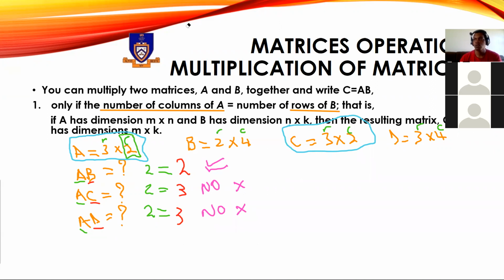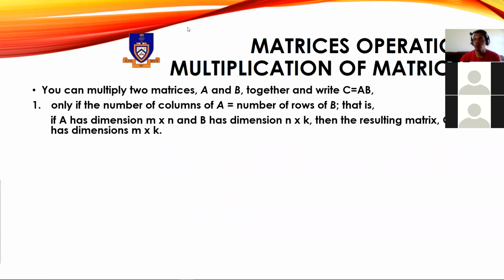All right. So there's this part over here that explains what happens if we have matrices that can be multiplied. In our example, A equals 3 by 2, and B equals 2 by, I don't know, 4, for example.